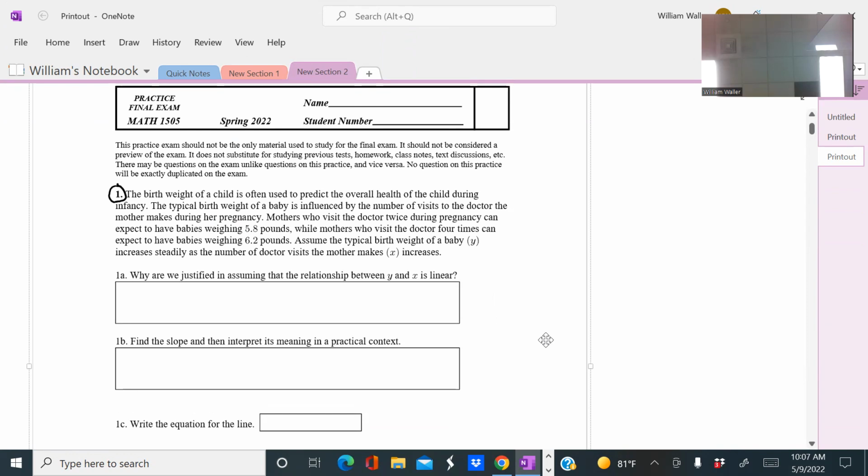So this is just using the slope formula, right? To find the slope, you want to use the slope formula. You all know the slope formula very well, from our lots of experience in calculating slopes, right? So there's the slope formula.